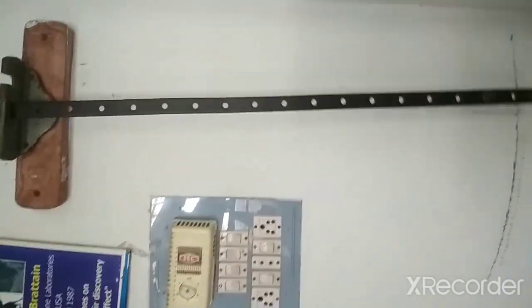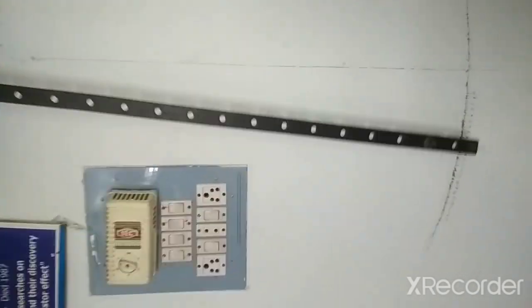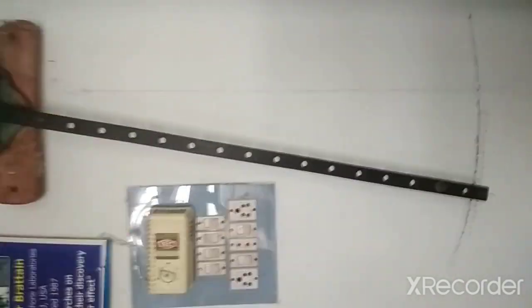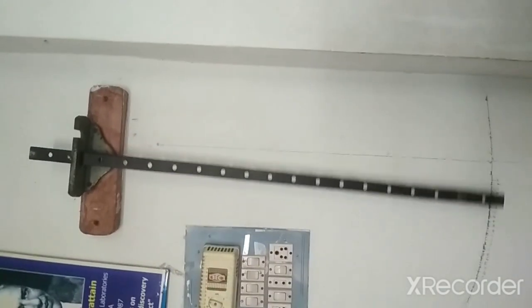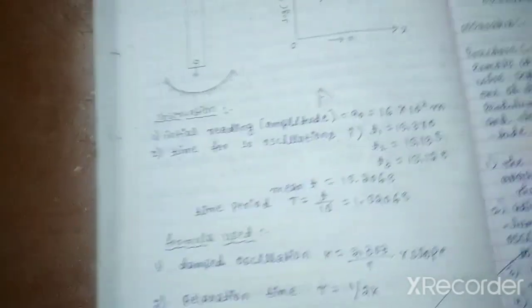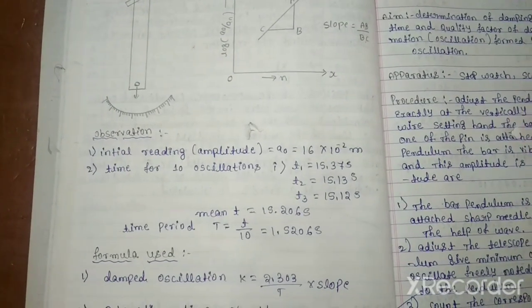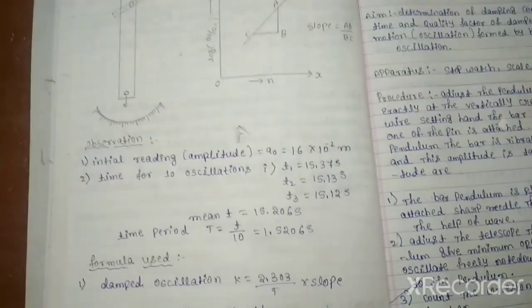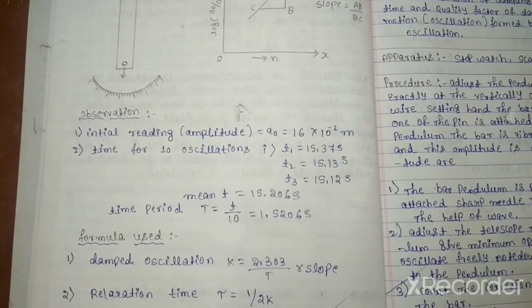So what is the procedure of the experiment? We are going to give an oscillation to the bar pendulum, so this makes a simple harmonic motion. See here, what are the observations? First we have to note down the initial reading, or initial amplitude, of the bar pendulum, called A naught.